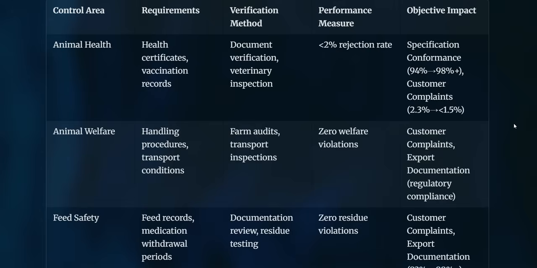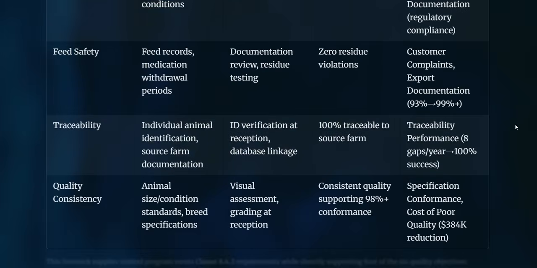The verification method here is that we need to verify the ID of the animals at reception and the link to the database of the documentation from the source farm and also downstream. Our KPI here is 100% traceable to the source farm.